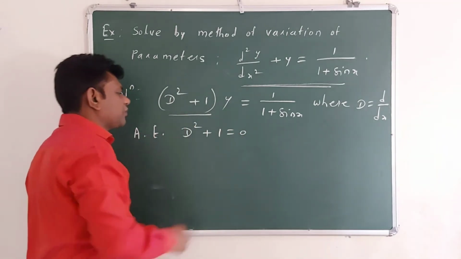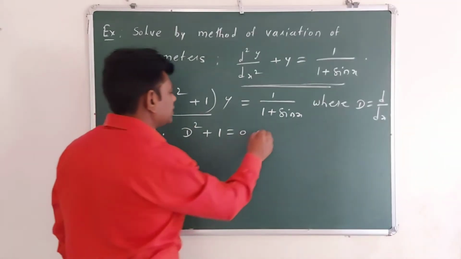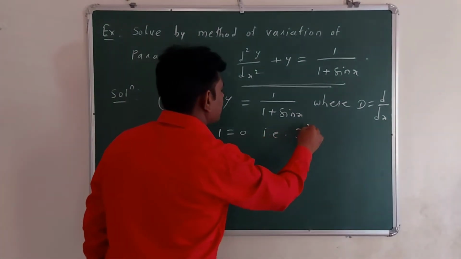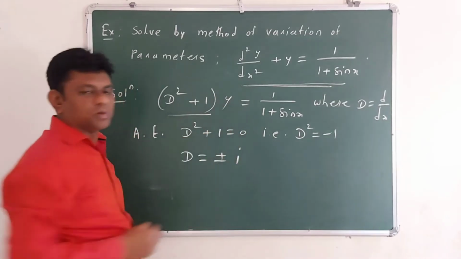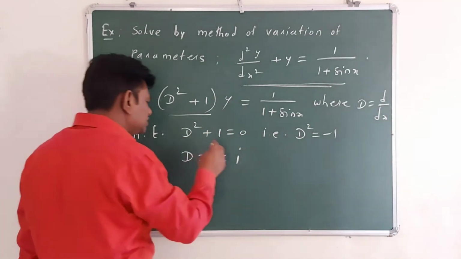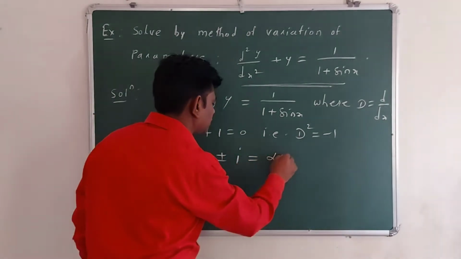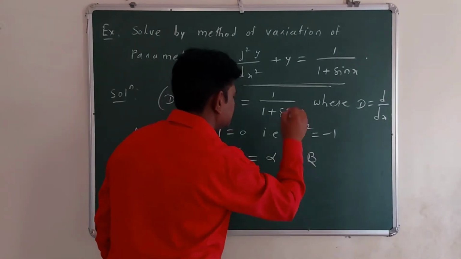Now solve this auxiliary equation: D² = -1, that is D = ±i, which means imaginary roots in the form α ± iβ.